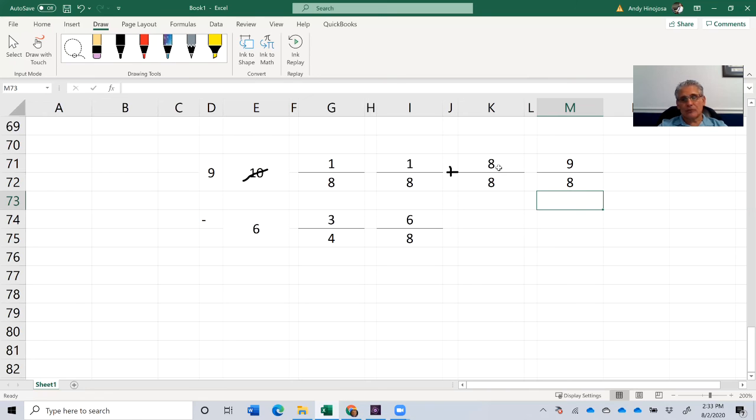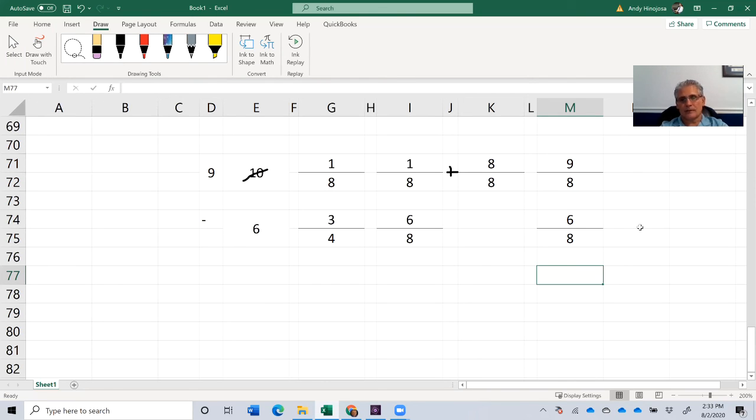The 1 is in the representation of 8/8, and now we have 9/8. So now we have a number we can use to subtract. We can subtract 6/8 from 9/8. That is doable. So just to make it easier to see, we're going to pull this number over here, and now we're going to take 9 and subtract 6.